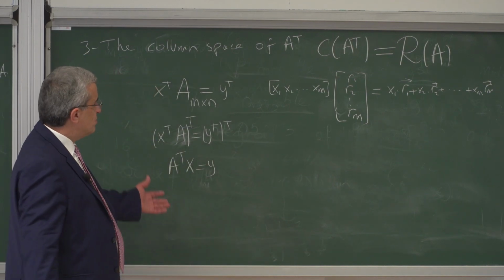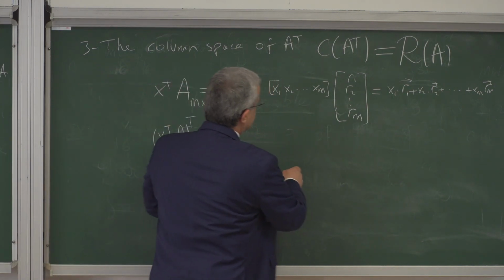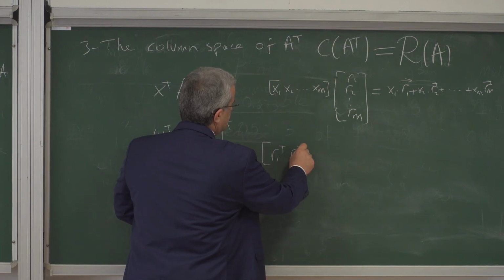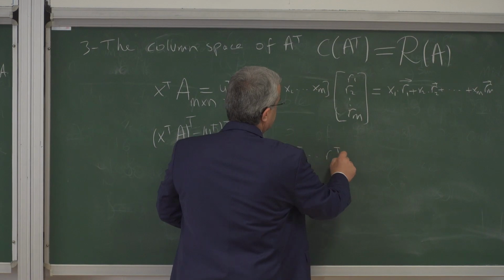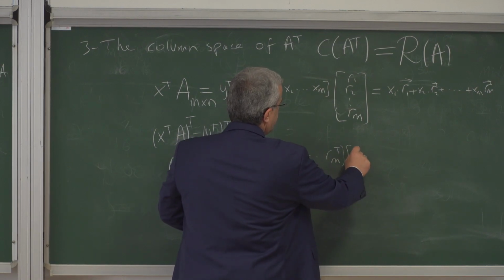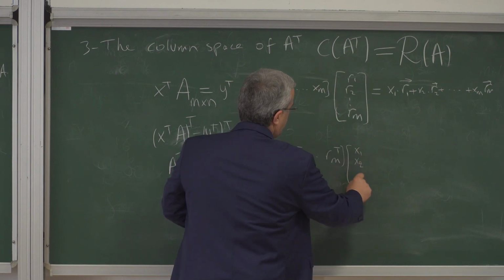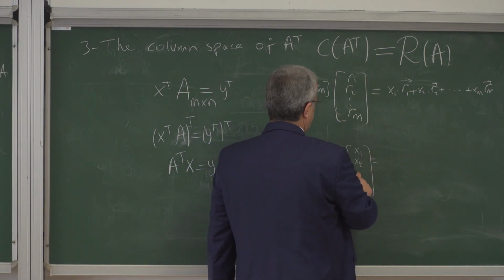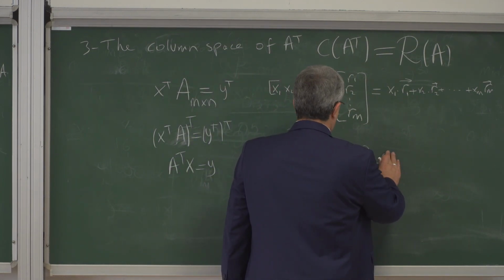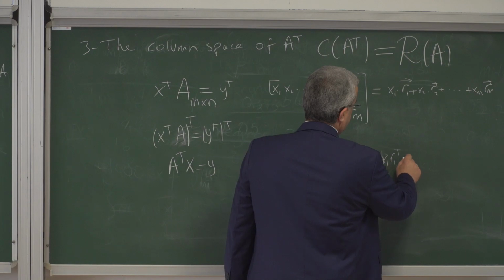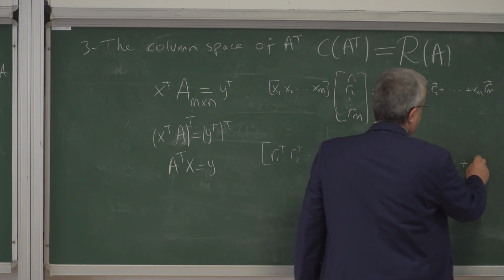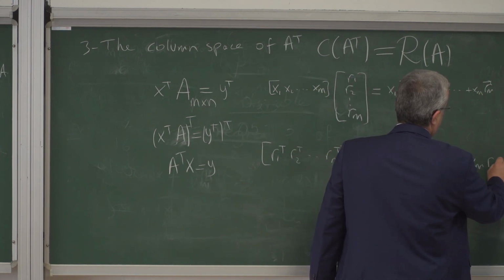Okay? So let me write this in parallel here. In that case, you have R1 transpose, R2 transpose, Rm transpose multiplied by x1, x2, xm, which is again x1 R1 transpose plus x2 R2 transpose, etc., xm Rm transpose.